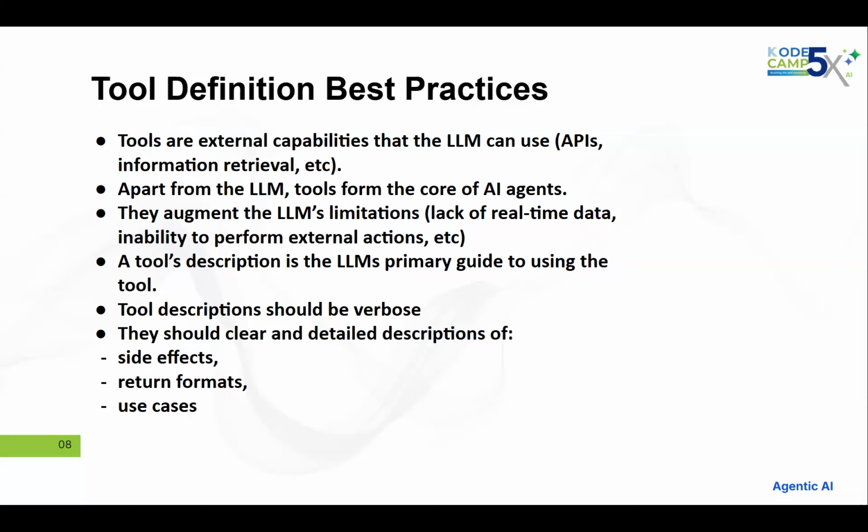The two major components that give that agency capacity are the LLM, which is the reasoning core, and tools which allow it to take actions and interact with its environment. So tools augment the LLM's capabilities.